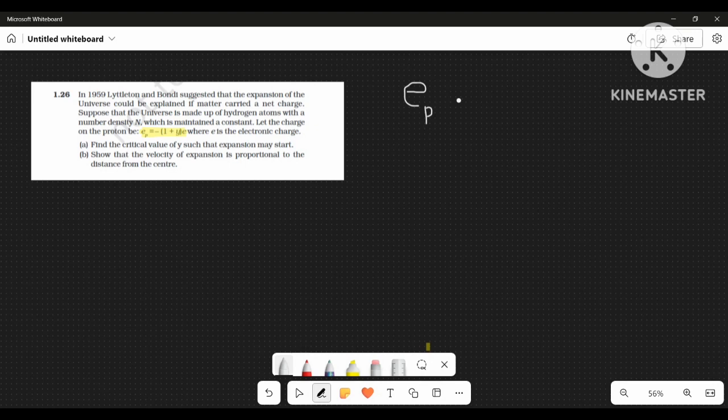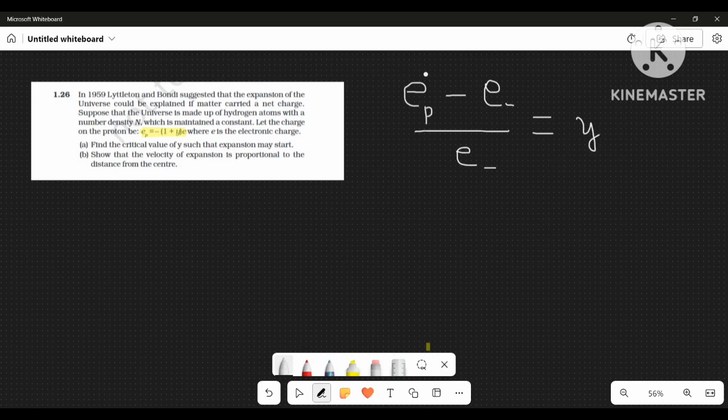So this exceeds the electronic charge. Let us say the amount by which it exceeds the electronic charge is EP minus E minus, where this E subscript minus denotes the electronic charge on an electron. This is the charge on a proton. So this is the amount by which the protonic charge exceeds the electronic charge when divided by the electronic charge. This ratio is labeled Y.